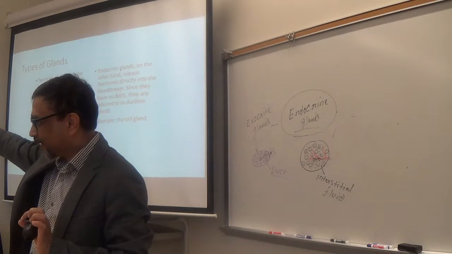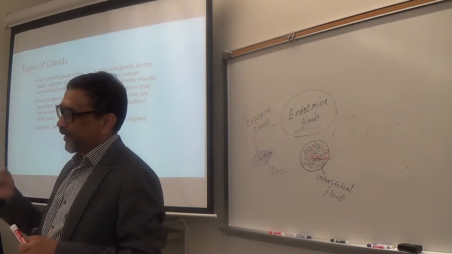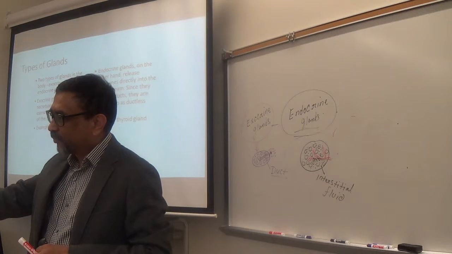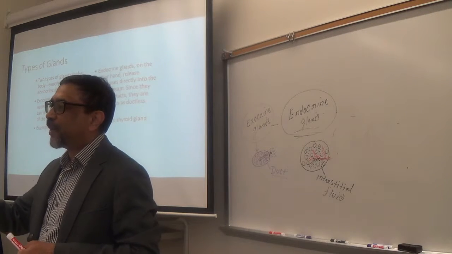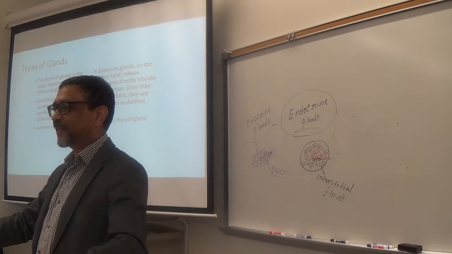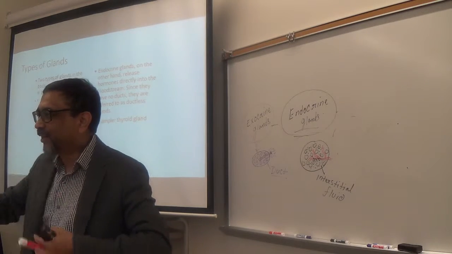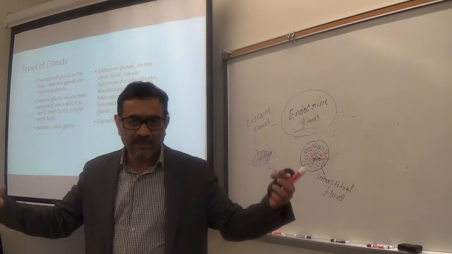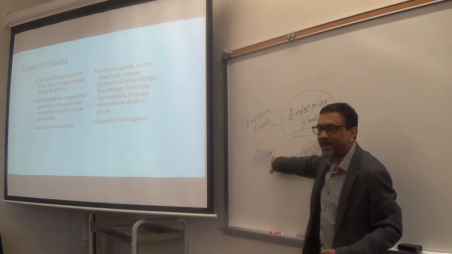Is it clear? Okay. Now you tell me, if the endocrine hormone enters into the blood, the action of the hormone could be farther away from the gland. Makes sense? Because blood circulates throughout the body, right? Once it goes to the blood, it can go anywhere. But in case of exocrine, the hormone acts where?